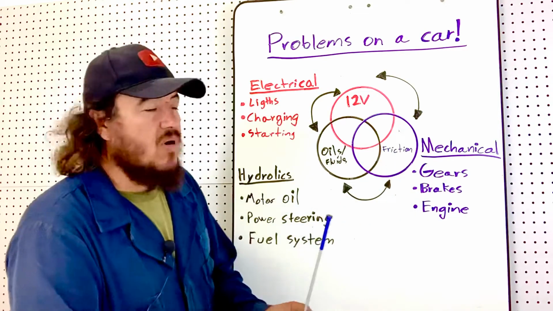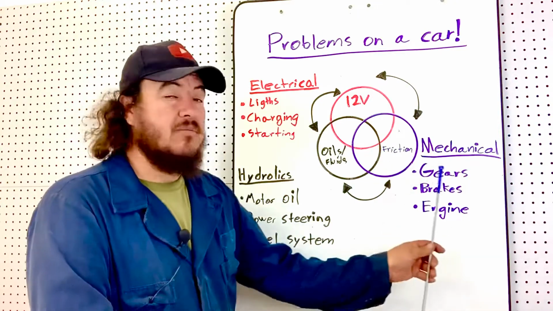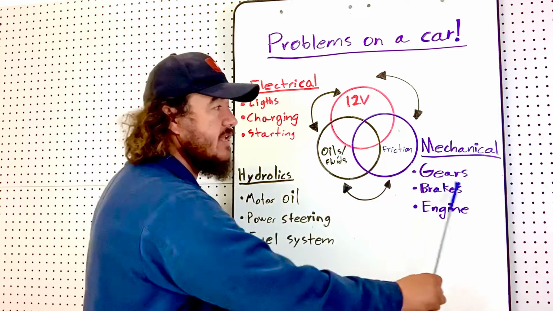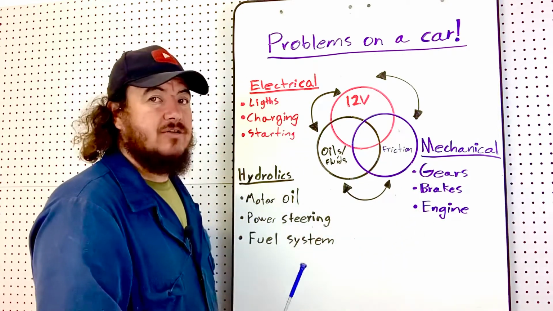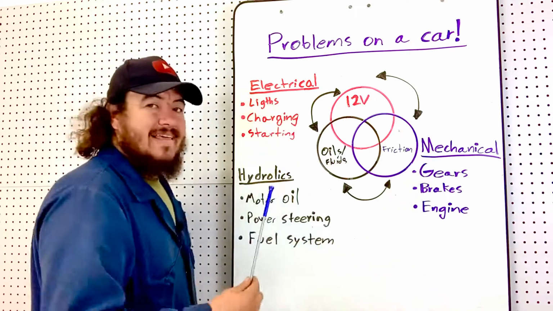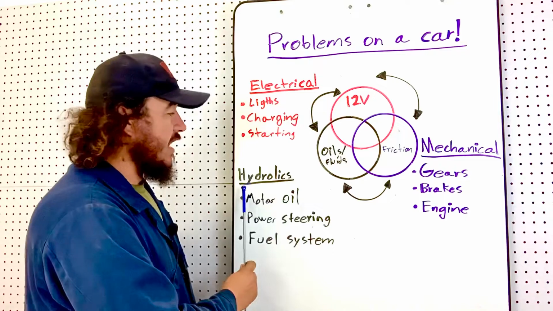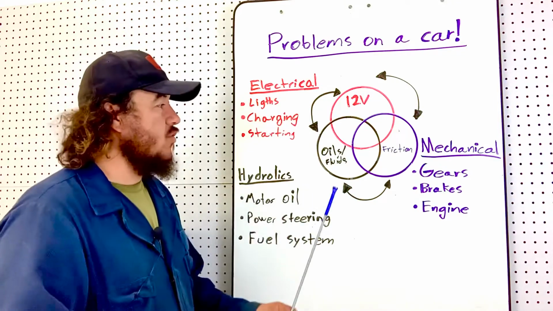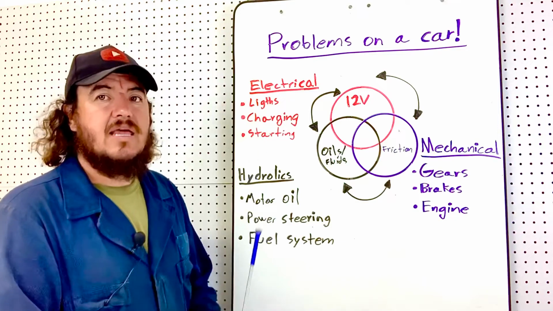So what's the problem? Is it a bad water pump? Is it a bad thermostat? Is it a clogged radiator? Is the cap on the radiator bad? That's mechanical stuff. But if the mechanical side is failing, it's creating a hydraulic problem. It's overheating, fluids are getting too hot, the engine is getting too hot, mechanical stuff.